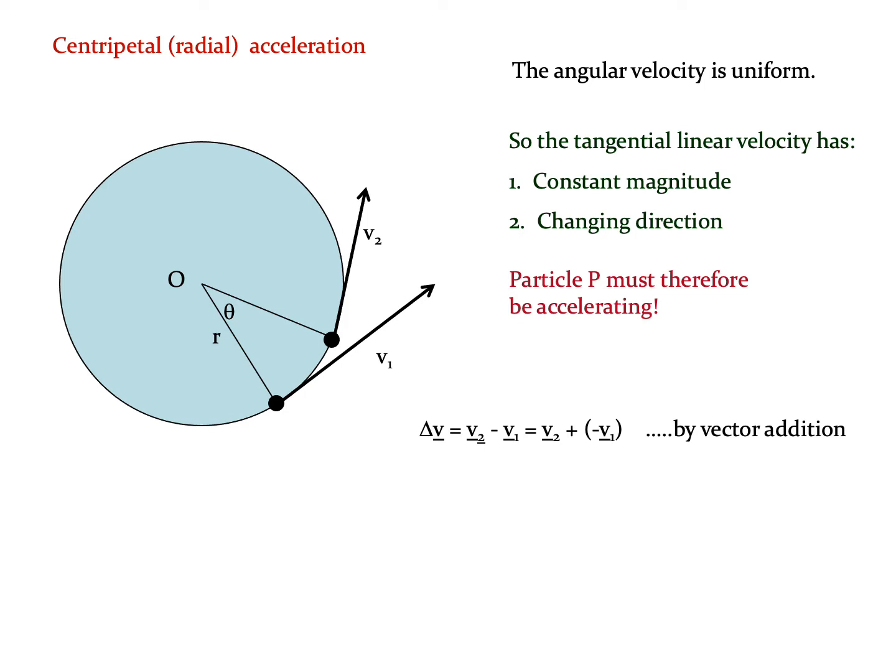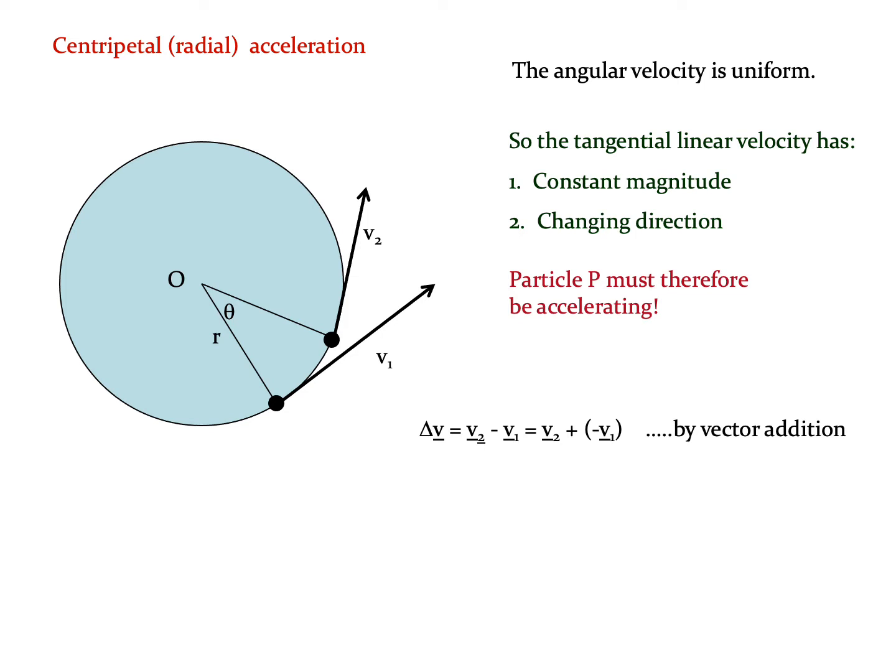Let's call the change in velocity delta v, and of course it equals v2, the final velocity if you like, take away v1, which is the initial velocity. Now remember, I've underlined the v2 and the v1 because we're dealing with vectors. They have the same magnitude. I wouldn't want you to think that v2 minus v1 was 0. In magnitude it would be 0, but it can't be 0 as a vector because the direction is different.